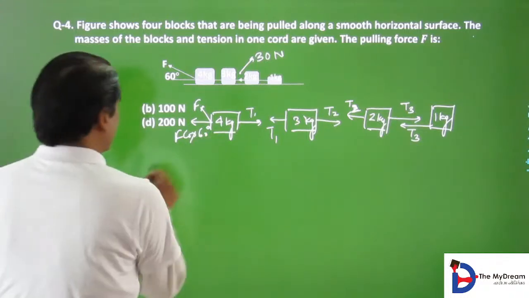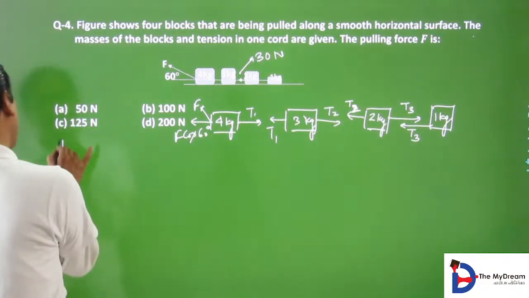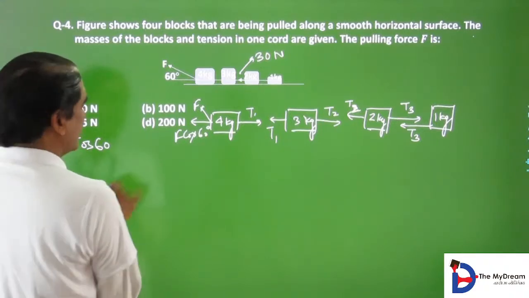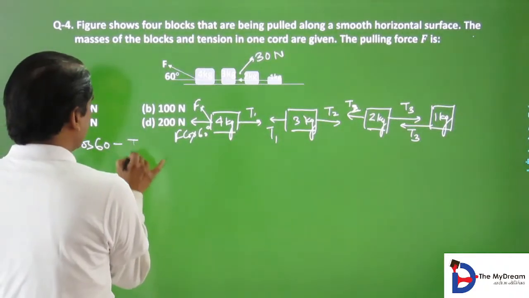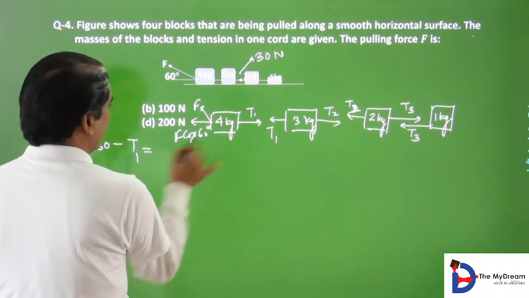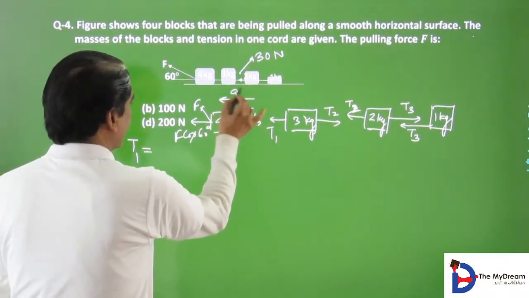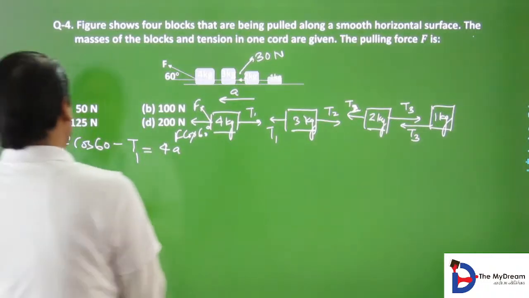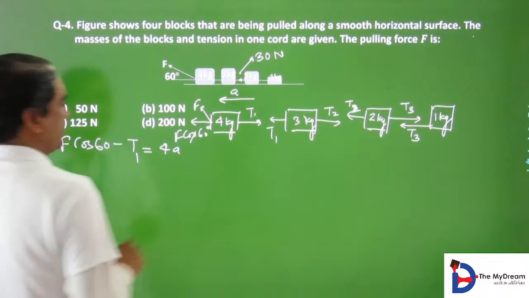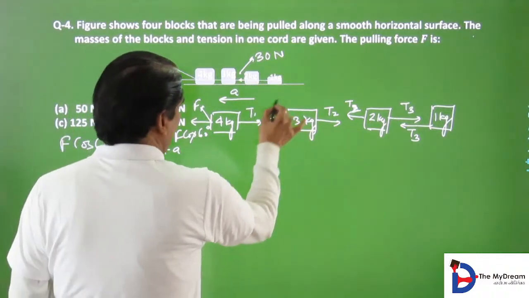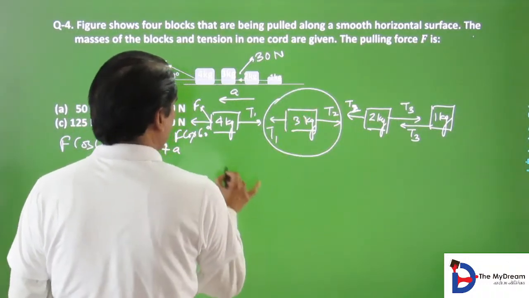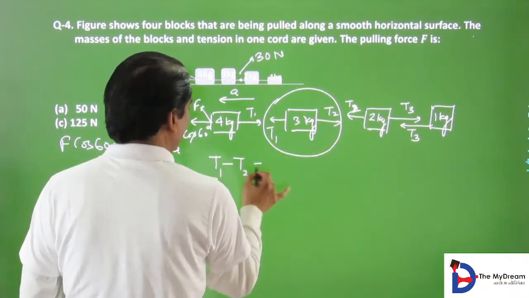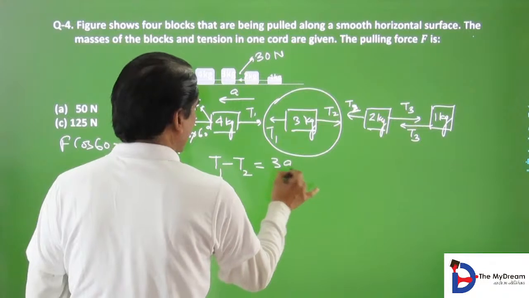So F cos 60 degree minus T1 is equal to 4 into a. Now we are talking about this one: T1 minus T2 gives 3a.